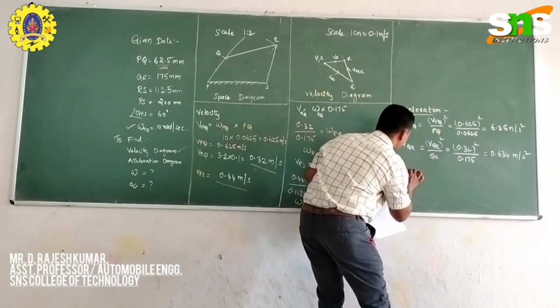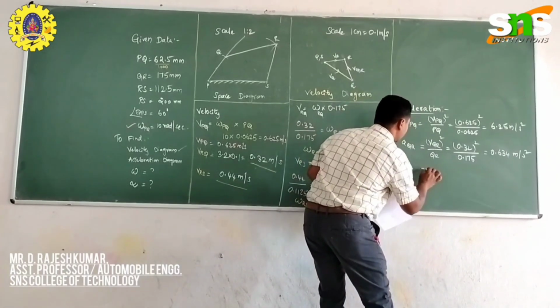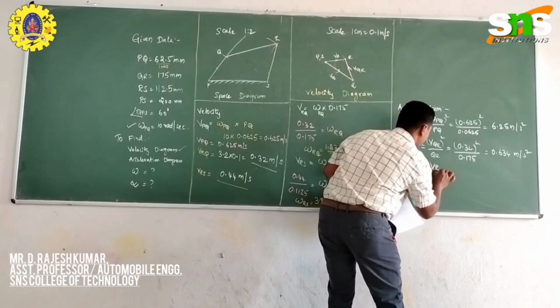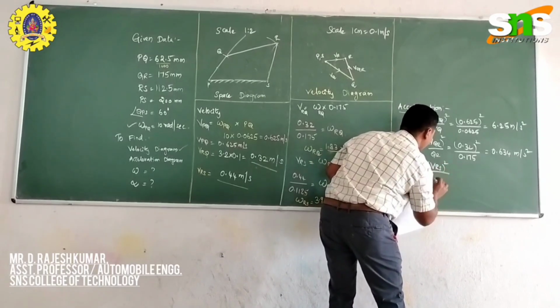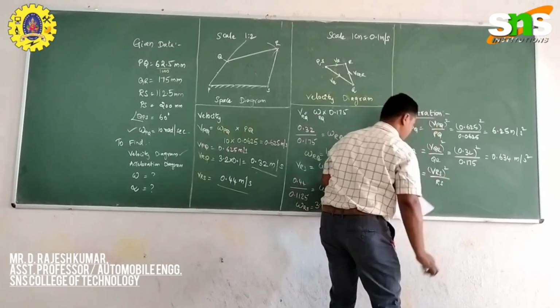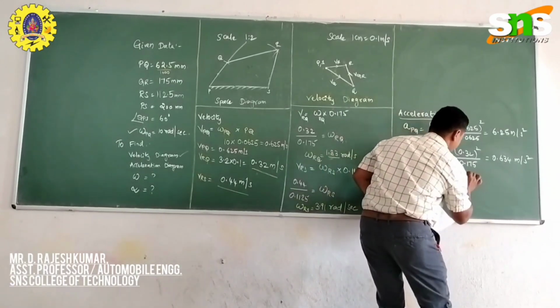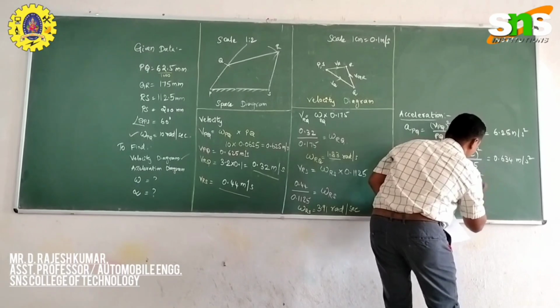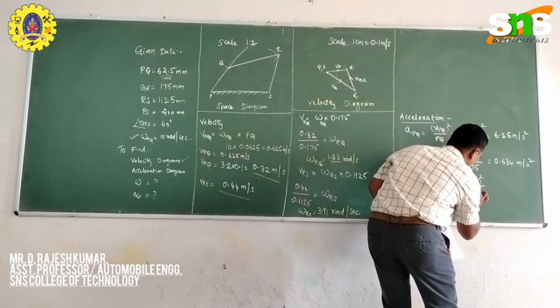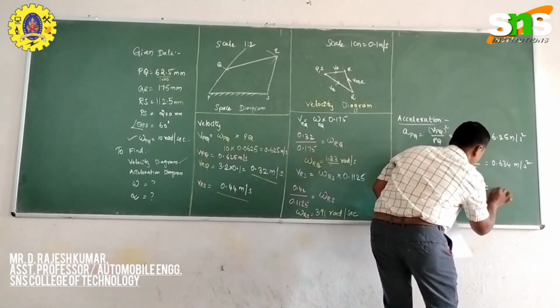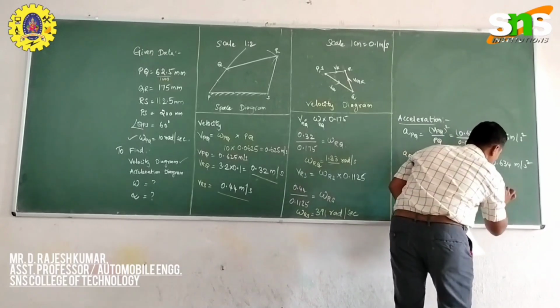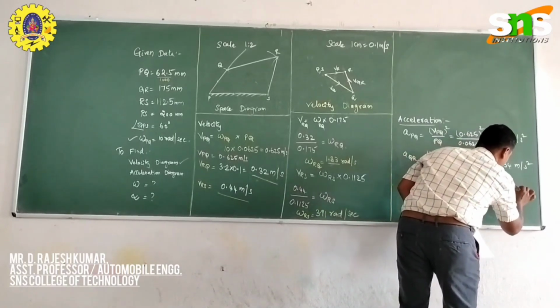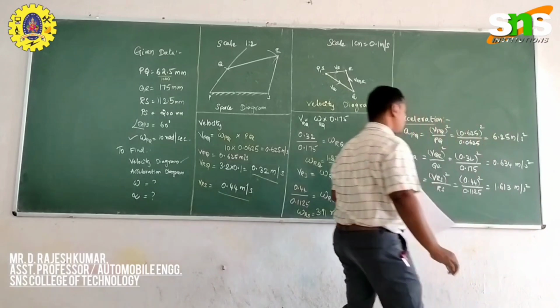Similarly, acceleration of the link OS is velocity of the link OS the whole square divided by length of the link OS, that is 0.44 the whole square divided by 0.1125. So you will get the value as 1.613 meters per second square.